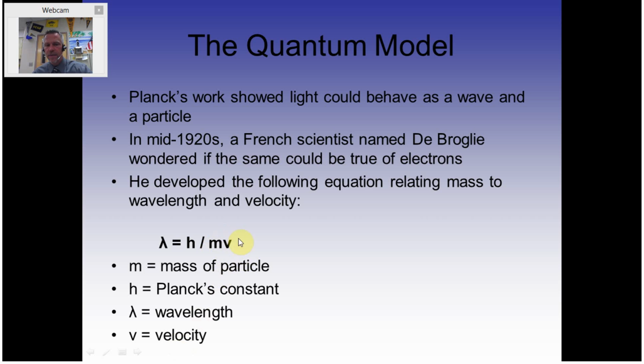I know they look alike, so be careful. This is the v for velocity, not the Greek letter nu for frequency. Don't get confused. So this is the de Broglie equation, or the de Broglie relation. And he developed this by thinking about Planck's work and wondering whether electrons could have a dual nature.